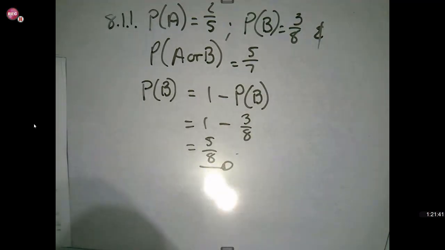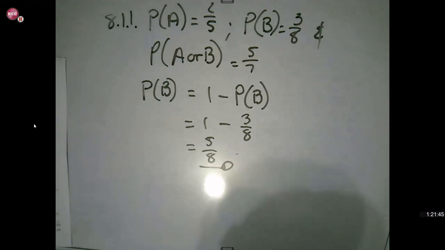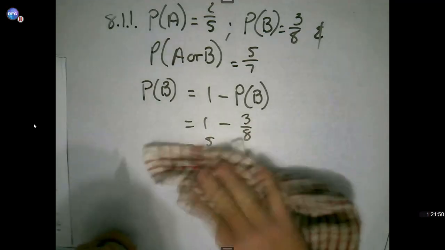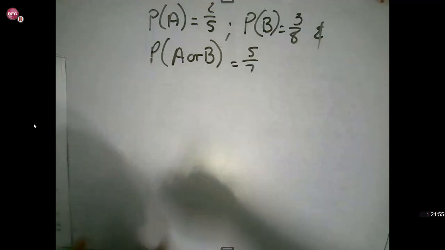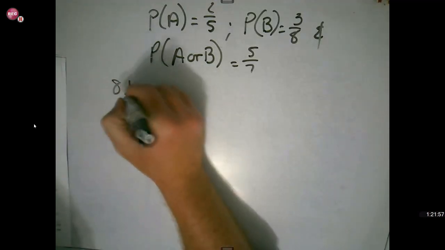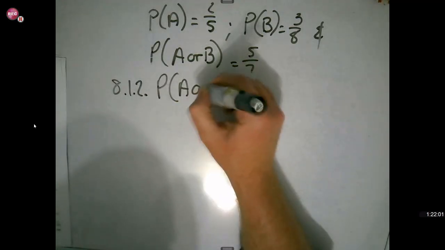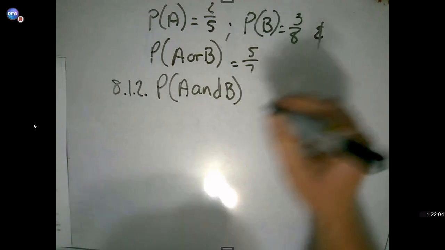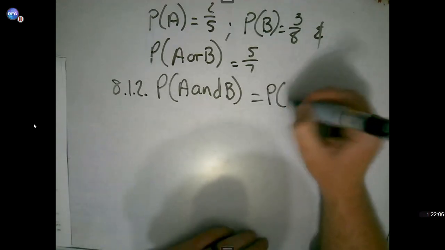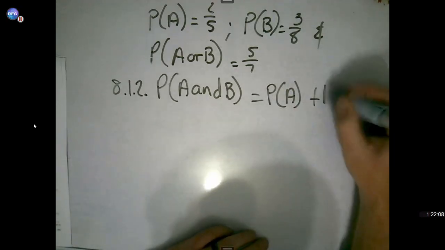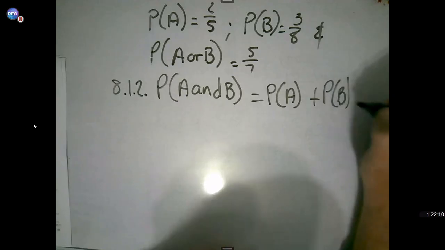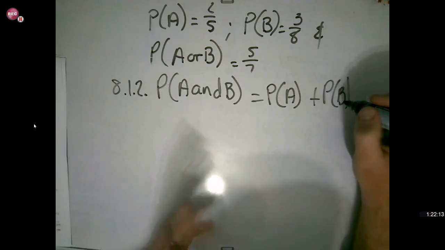Then they say calculate the probability of event A and B. So when we do the probability for event A and B, that would obviously now be question 8.1.2. So the probability for A and B would be equal to event A plus event B. And you should know these formulas because they were taught to you.